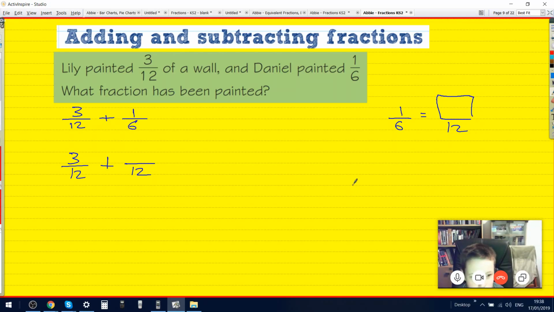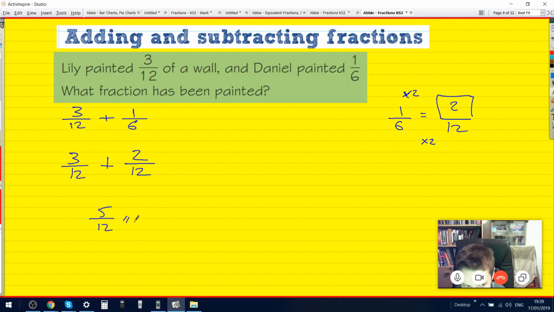So 2. Yeah. And so 1 over 6 is the same as what over 12? 2 over 12. Yes. And when you add those two, how do you do that? Well, you just add the numerators together to make 5. Well done. 5 over 12.